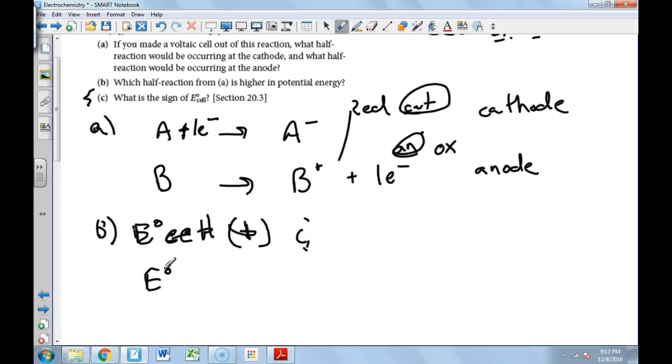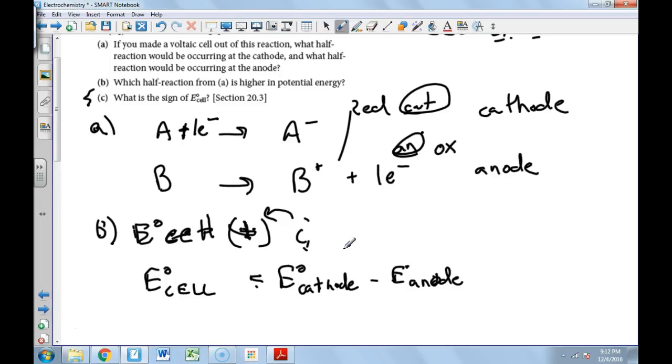Well, what we know is that the cell potential is equal to the potential at the cathode minus the potential at the anode. And because we know that the cell potential has to be positive, the only way to make this positive is for the cathode to have a higher potential energy.